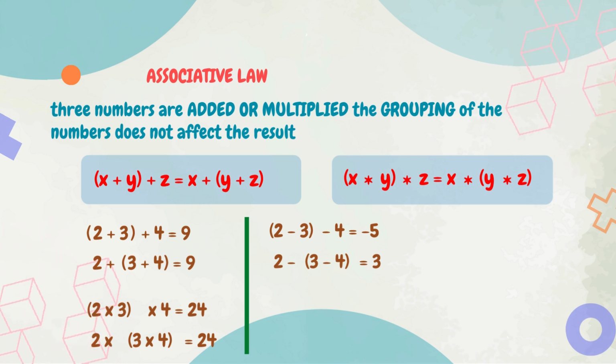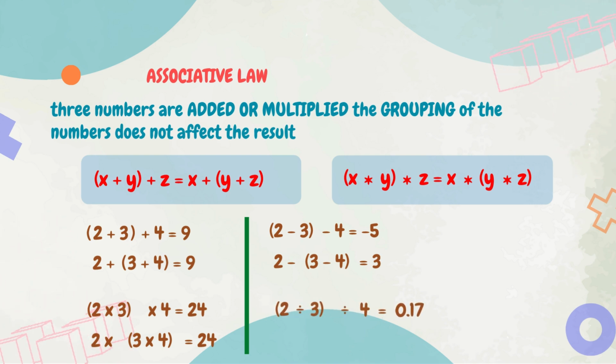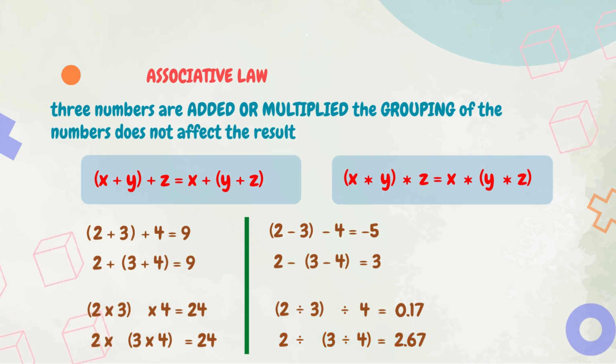Then for division, if we divide 3 numbers 2, 3, and 4, starting by dividing 2 by 3, then divide the result by 4, gives 0.17, but when starting by dividing 3 by 4, then dividing the result by 2 gives 2.67. Therefore, subtraction and division are not associative. Different grouping when subtracting or dividing numbers does not give the same result.